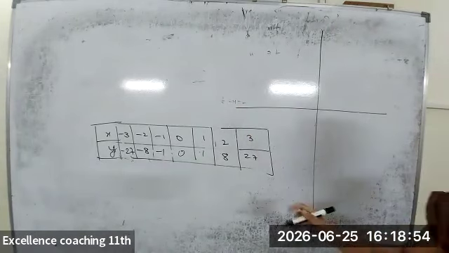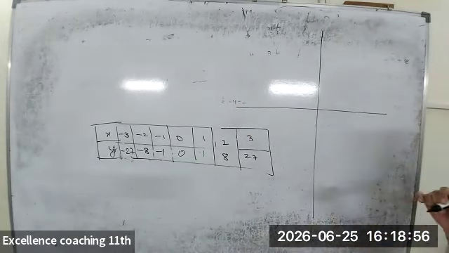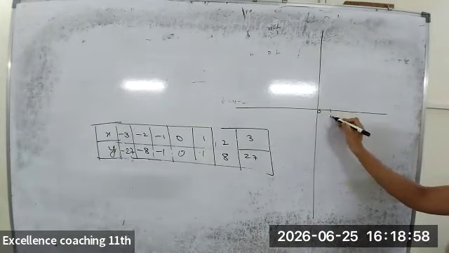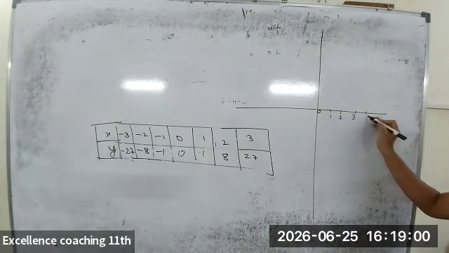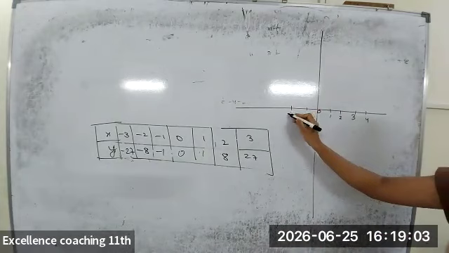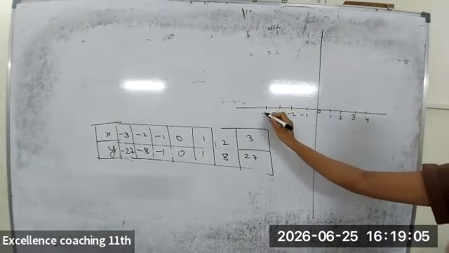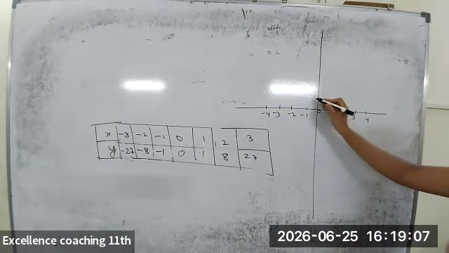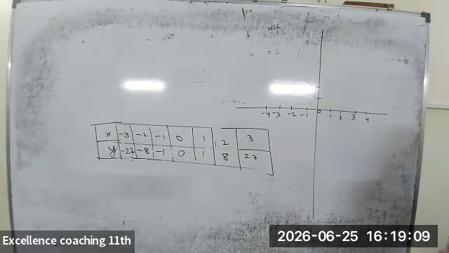Now both sides will need positive as well as negative numbers: 0, 1, 2, 3, 4. Only plot the points and keep. Have you joined already? Not joined.